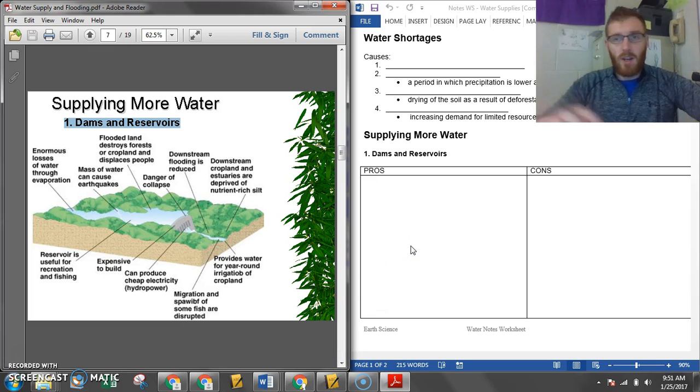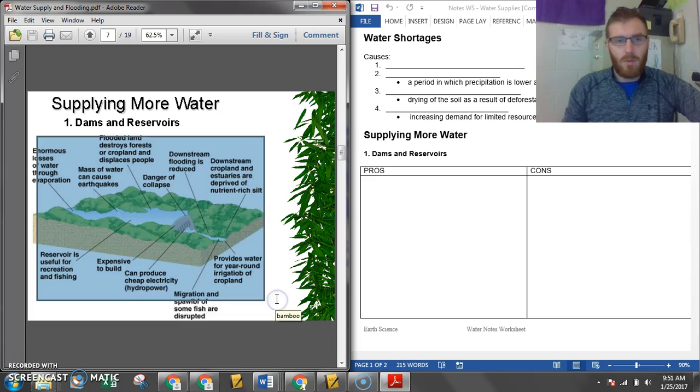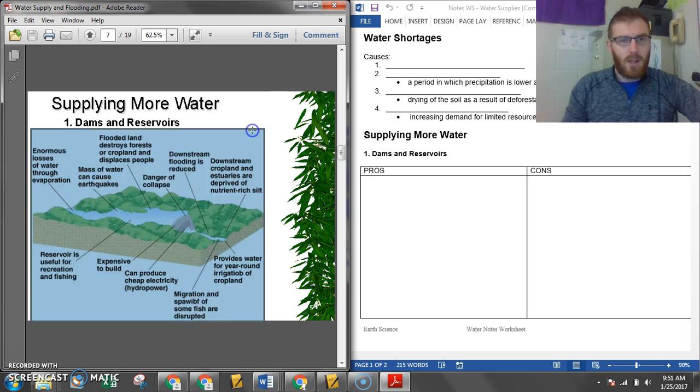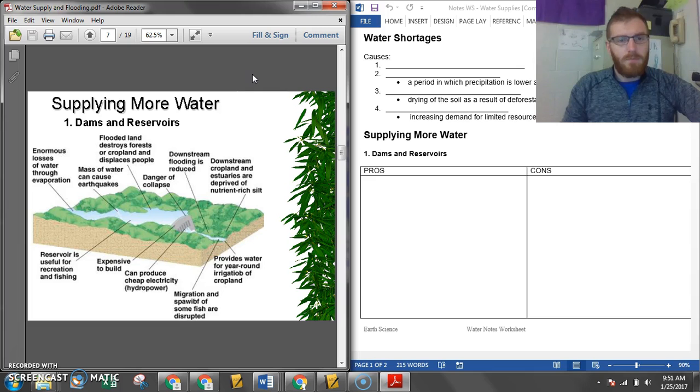So there are some pros and cons to supplying more water. Ways to get it, but certain ways will damage surrounding areas or are expensive. Here you can see some pros and cons for dams and reservoirs. Okay, this will provide water year-round for irrigated crops.